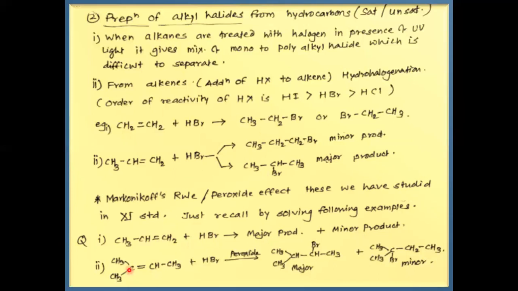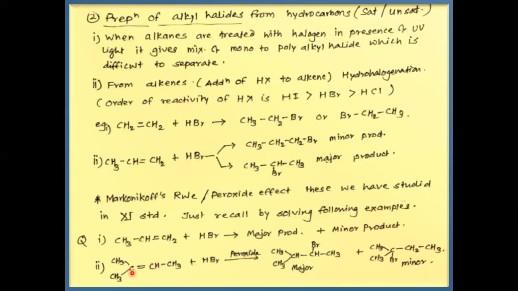Try to solve this second example. So this alkene is in presence of peroxide. For solving such examples, just look across this double bond. Note that this carbon has no hydrogen and this carbon has one hydrogen.